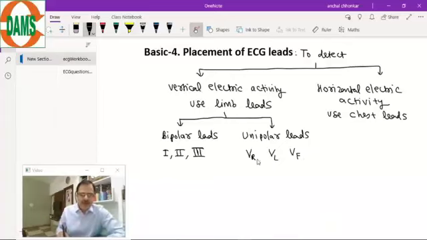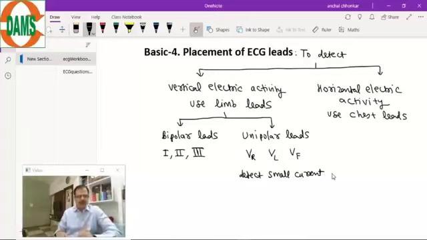Now what happens is that these leads detect very small current, because of their placements. As a result, these leads need augmentation.